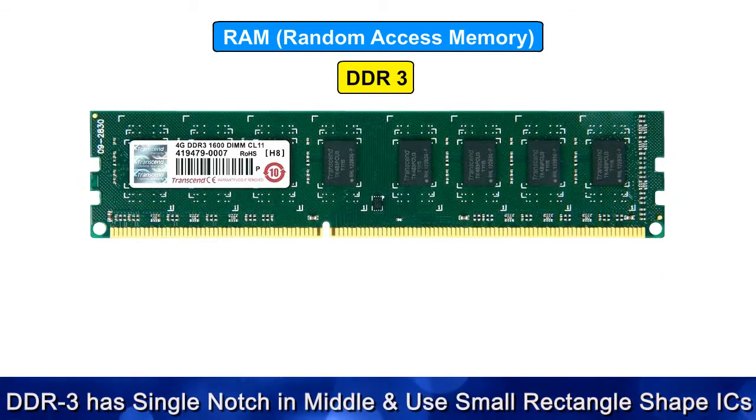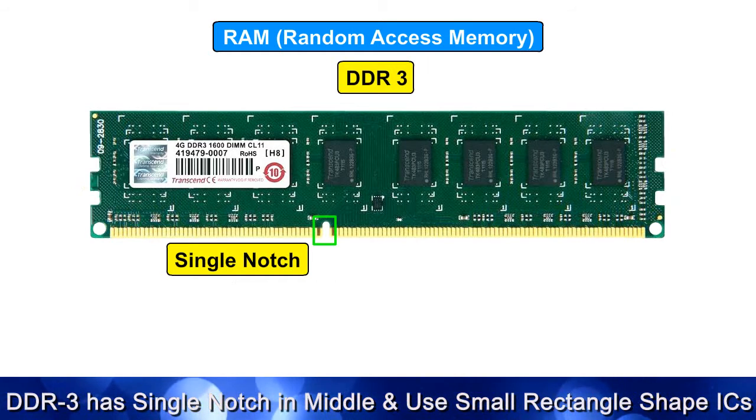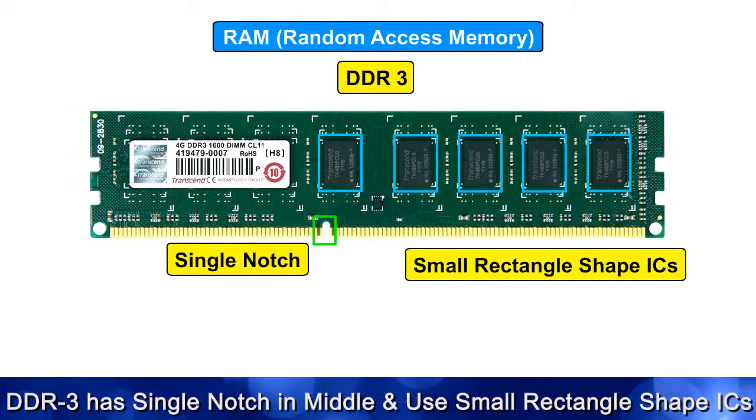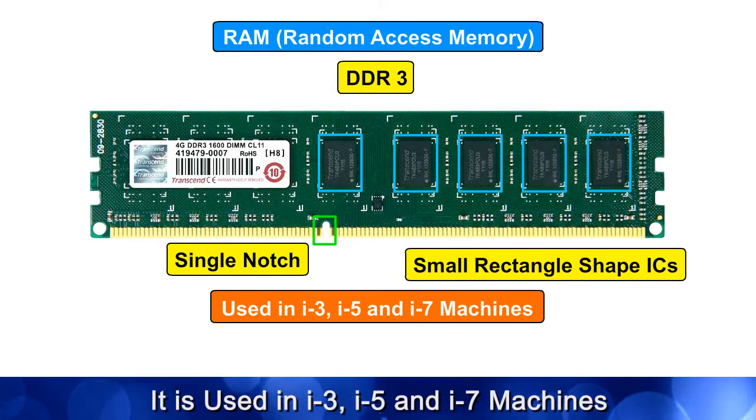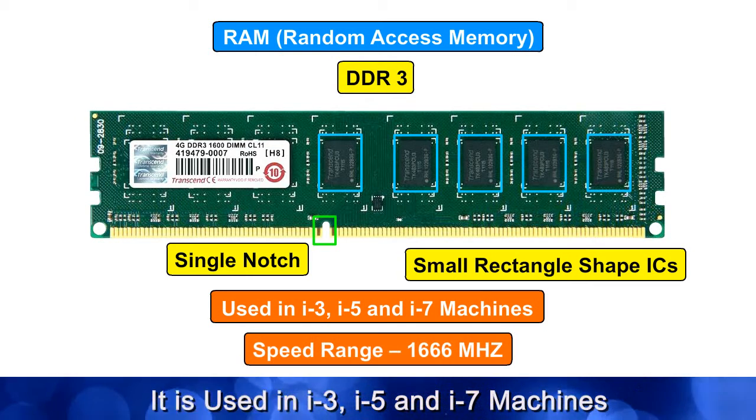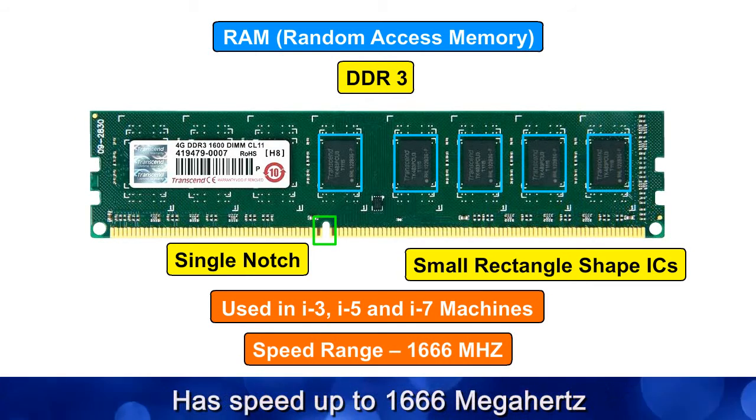DDR3. DDR3 has single notch in middle and uses small rectangle shape ICs. It is used in i3, i5 and i7 machines and has speed up to 1666 MHz.